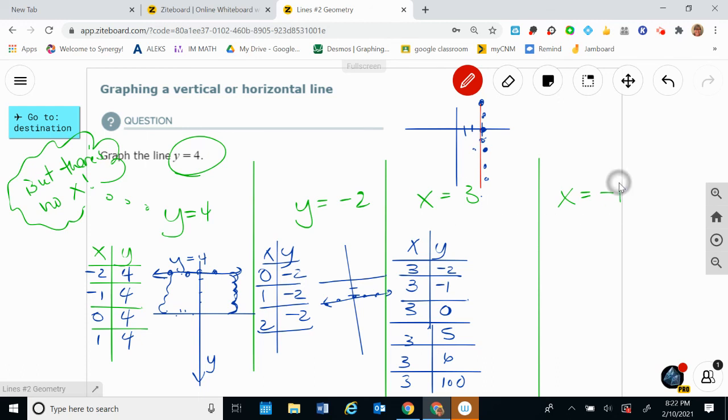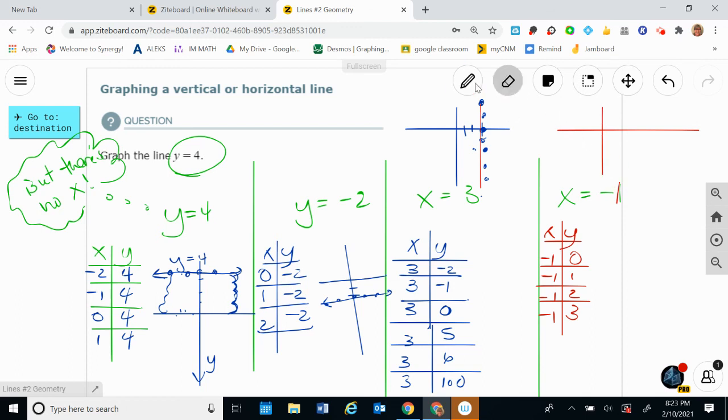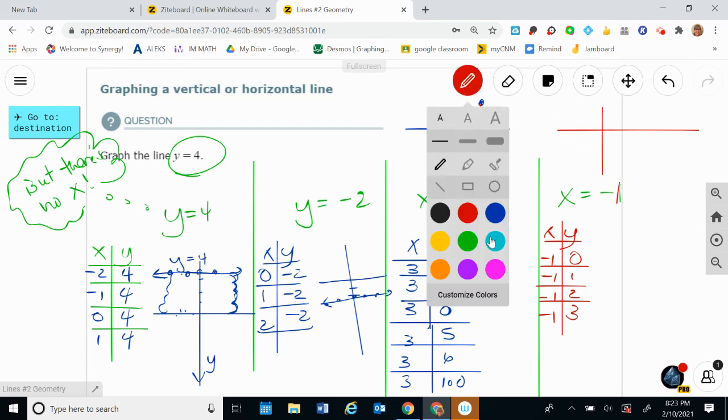Okay, how about x equals negative 1? Again, use a chart. x and y. What do we care? x is negative 1 every time. y: 0, 1, 2, 3. Okay, so here we are, graphing this. Pick a different color.